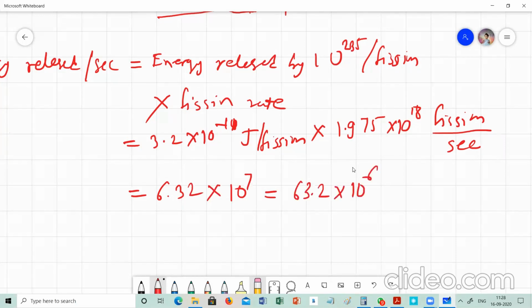The fission will get cancelled, so the unit will be joule per second.